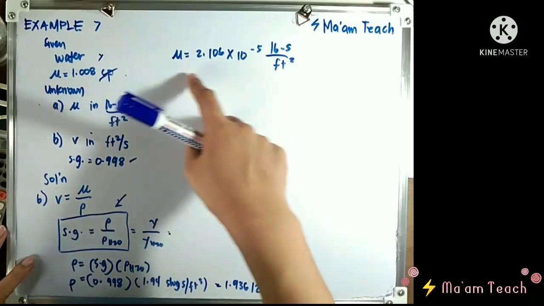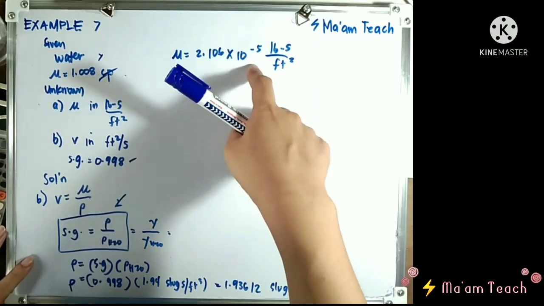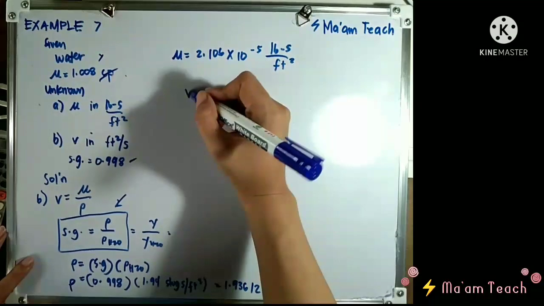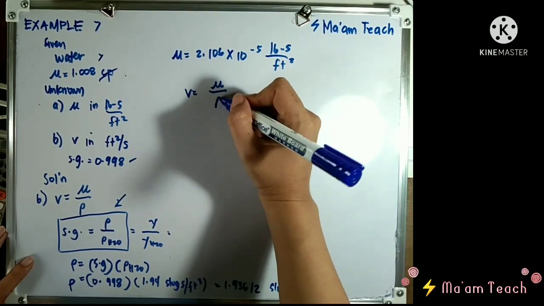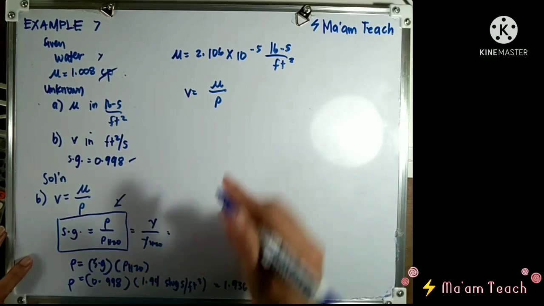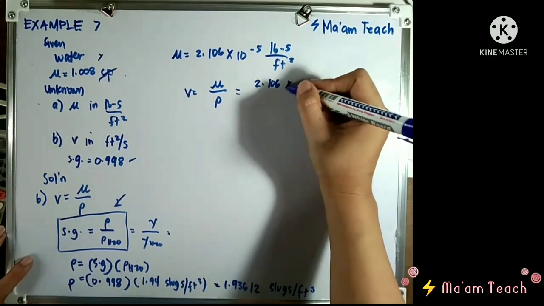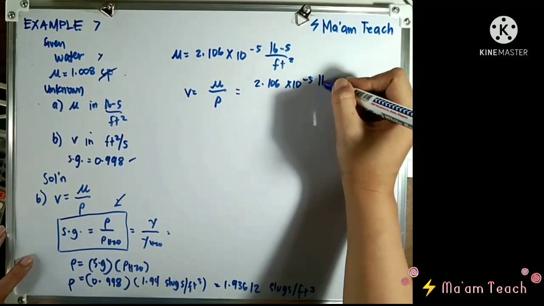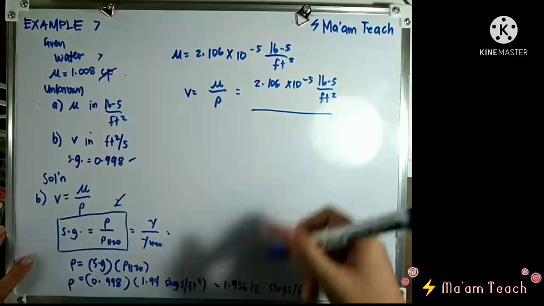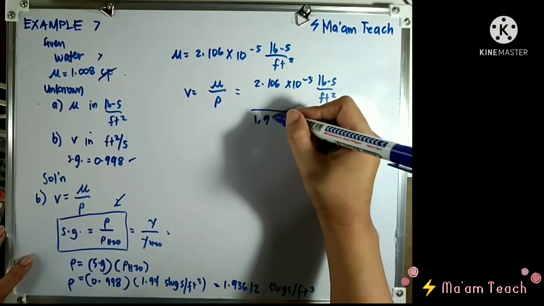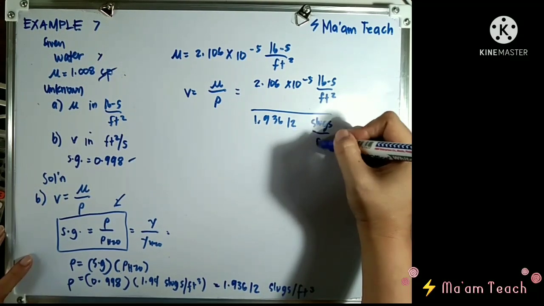So I have rewritten the value of your absolute viscosity earlier, which is 2.106 times 10 raised to negative 5. Using the formula, absolute viscosity divided by your density, I'll substitute it. We have 2.106 times 10 negative 5 pound-second per square foot divided by your density, which is 1.93612 slugs per cubic foot.